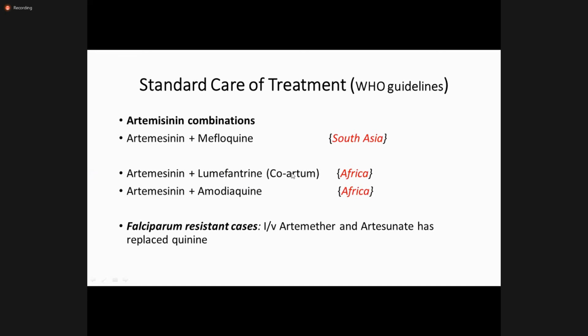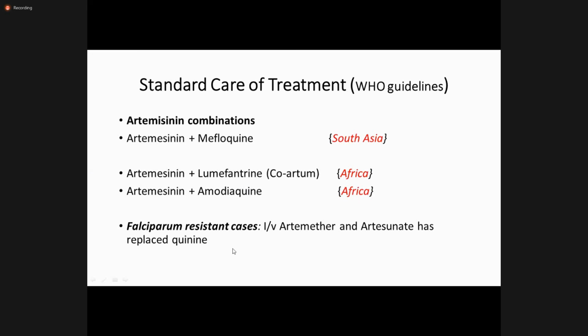This is known as Coartem. Artemisinin can also be combined with amodiaquine. So in all these combinations, artemisinin or artemether is the main compound, and you can combine it with different drugs. The second combination, lumefantrine, is very common in Asian countries as well. This is given in South Asia, but we also use Coartem very frequently.